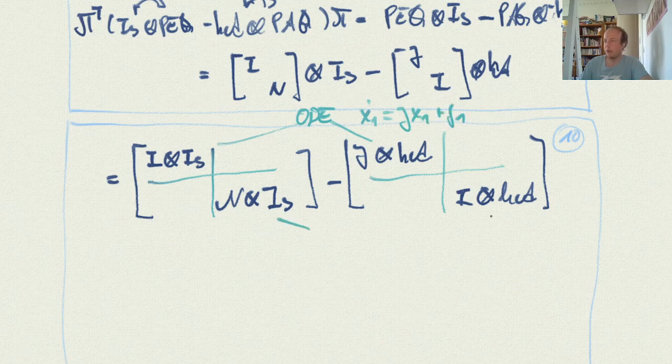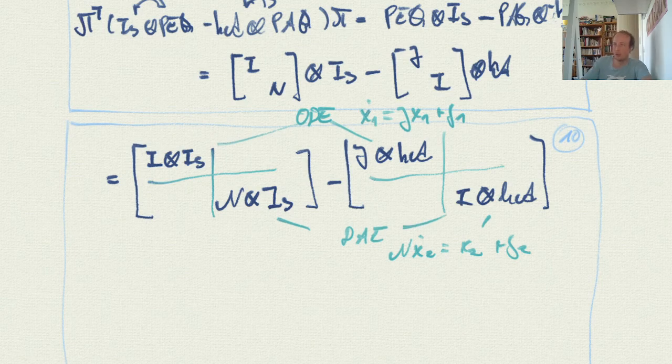And here we have the special DAE system, x2 dot is x2 plus f2. So this is nicely decoupled, and we can do analysis of the Runge-Kutta method in this form.